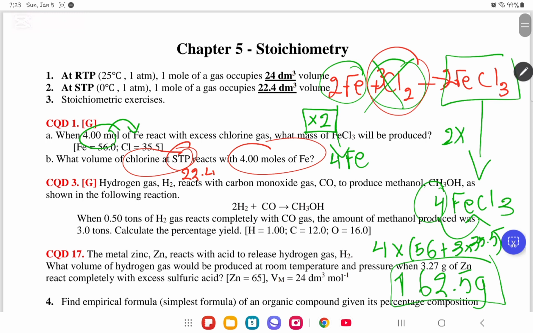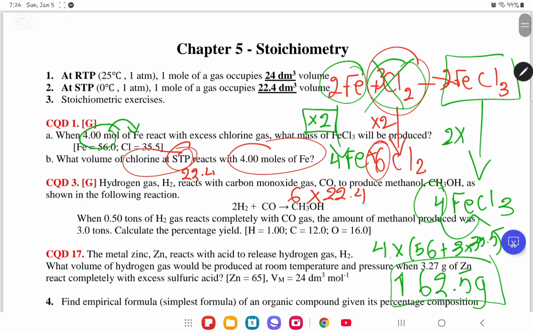So if 2Fe became 4Fe, then 3Cl2 will become 6Cl2. So we are going to multiply it by 2. To find the volume of chlorine, we take the number of moles, which is 6, and multiply it by STP, which is 22.4.